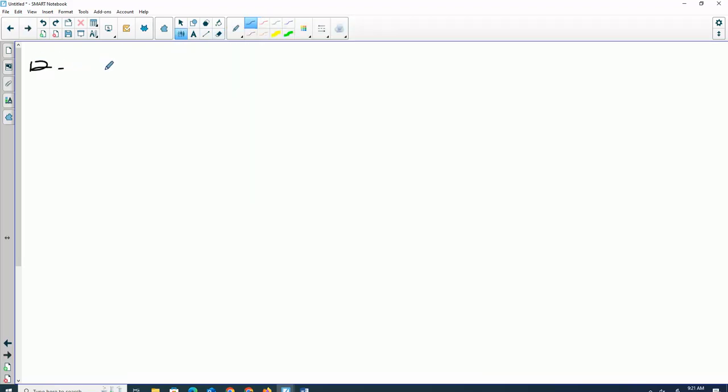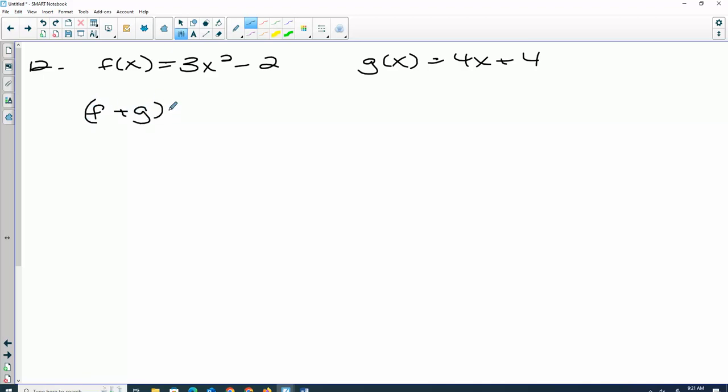We know f of x is 3x squared minus 2. G of x is 4x plus 4. So when I ask for f plus g of 0, what that means is you're going to put 0 into f and 0 into g, then add those answers together.